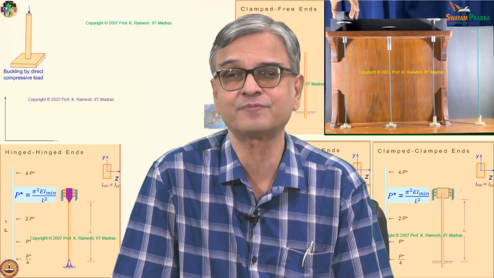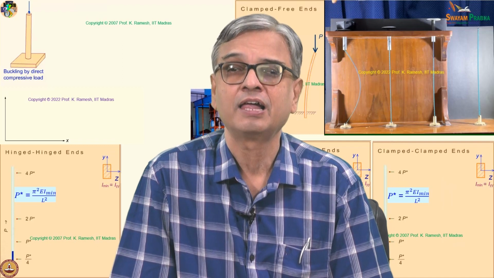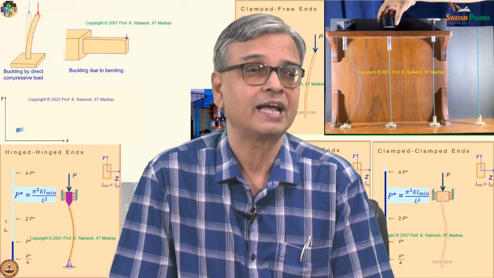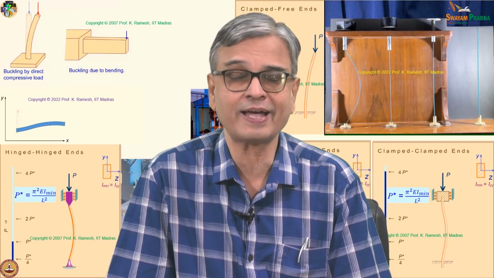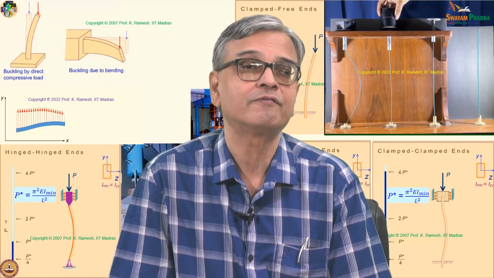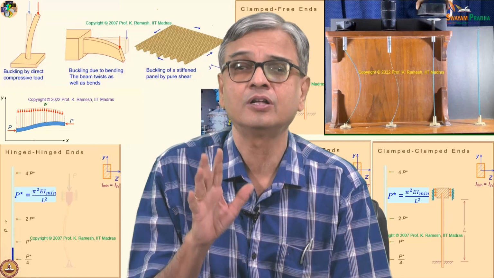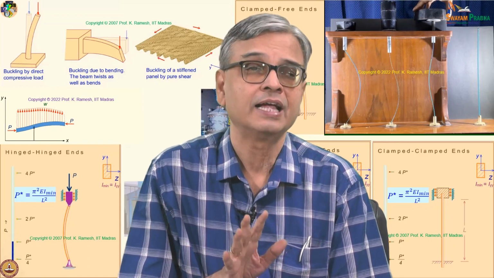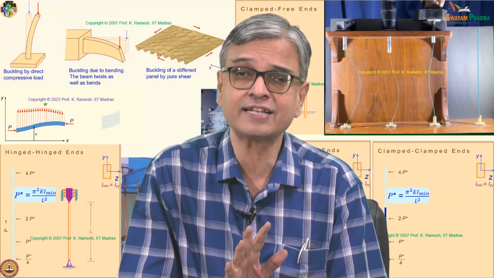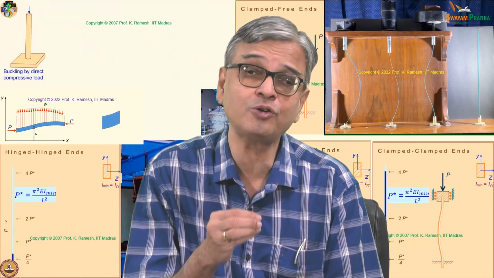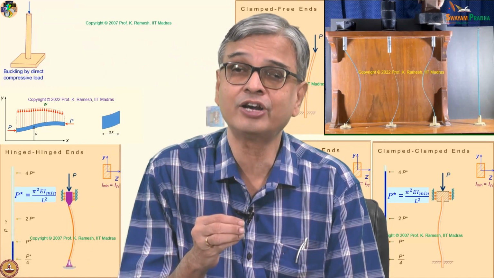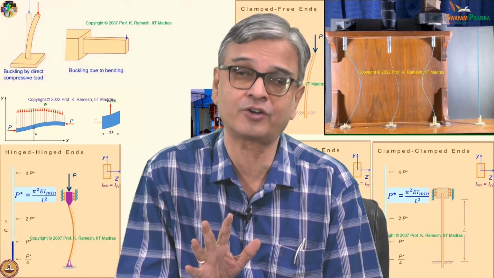So, in this class, we have looked at stability. And I said stability is an issue wherever you have compressive load. From a mathematical analysis point of view, we will confine our discussion to column buckling. And because we are investigating stability, we have to write the governing equation only in a deformed configuration.